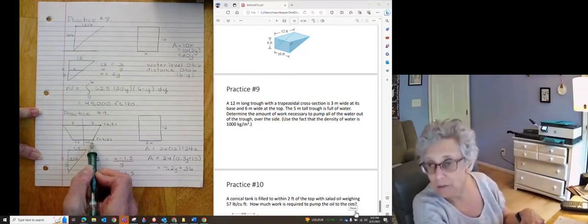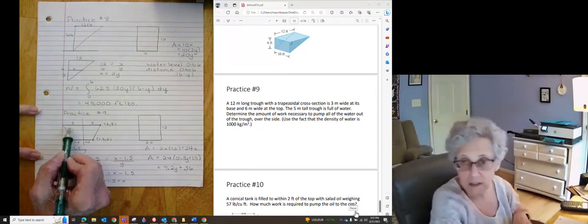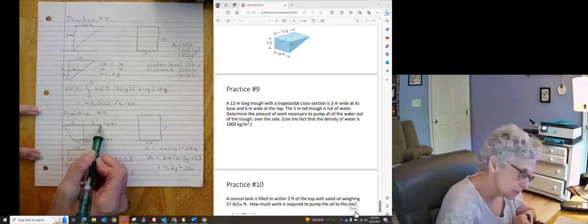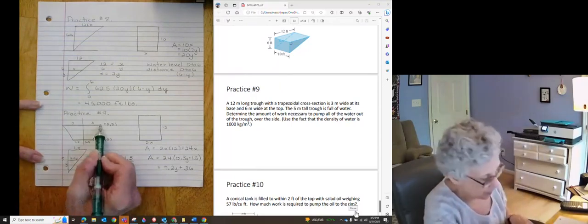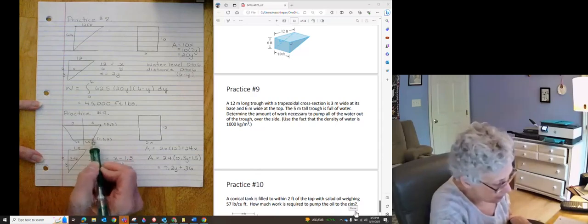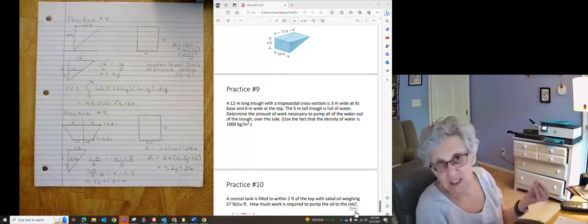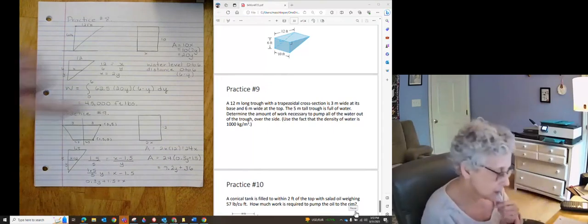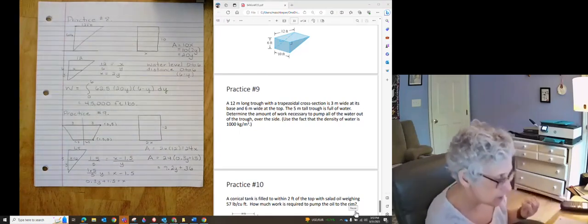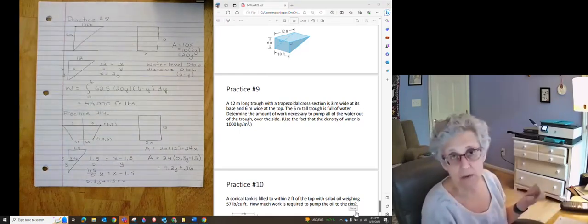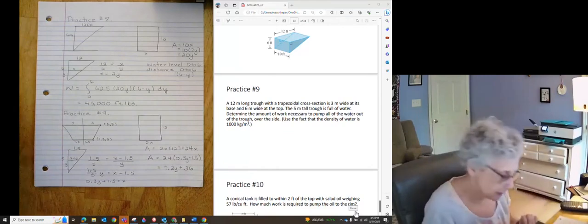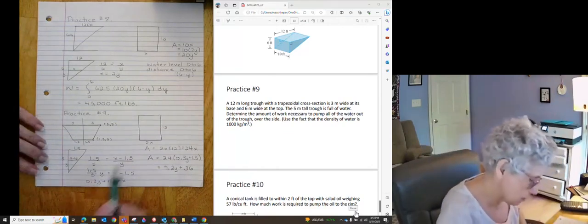And it was 5 meters tall, 6 meters wide at the top, so 3 and 3. I also went ahead and plotted my points, and I found the equation for x in terms of y using the equation of a line as well. So I'll show you that in a moment.